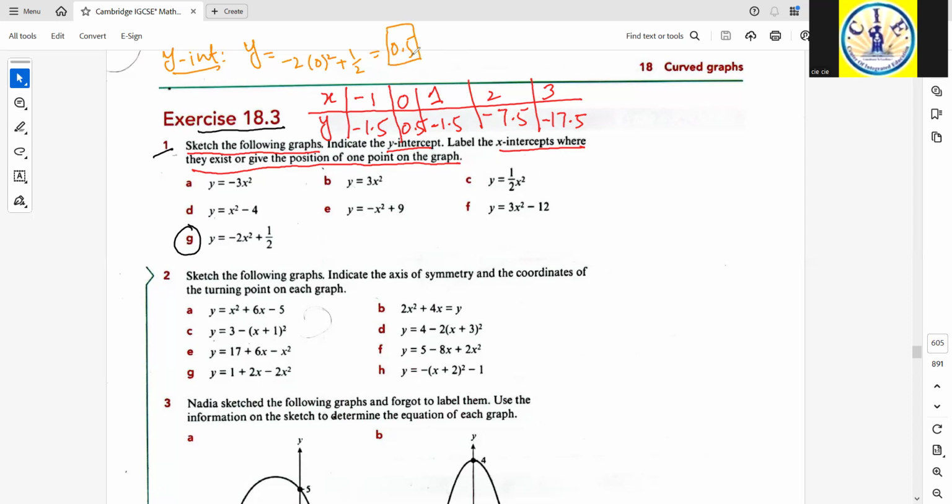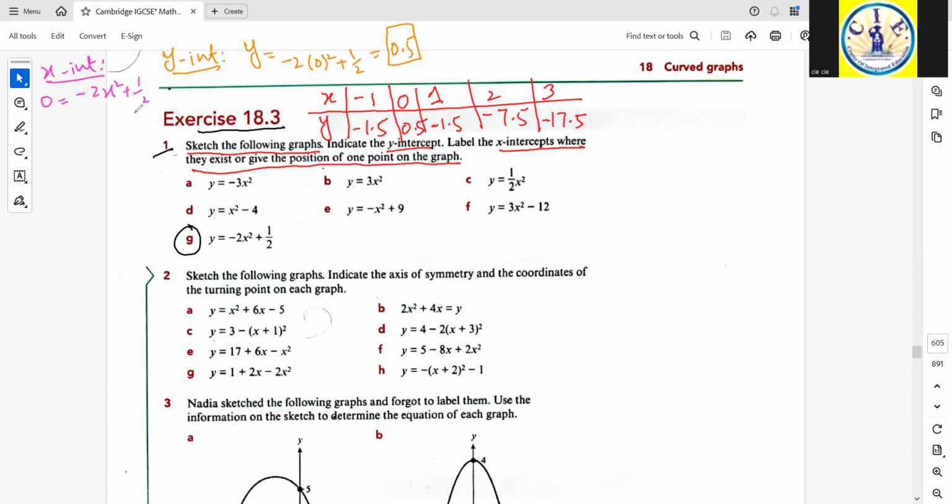Then let me calculate the x-intercept as well. For calculating the x-intercept, we need to put y equals 0. So 0 equals the given equation, which is negative 2x squared plus half.